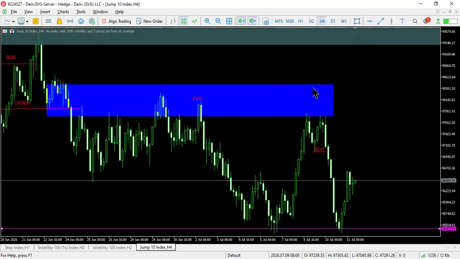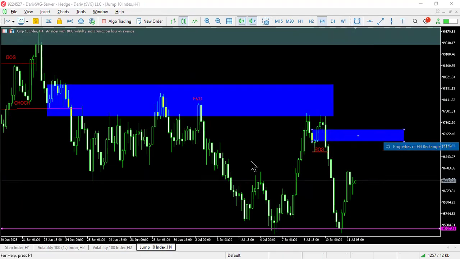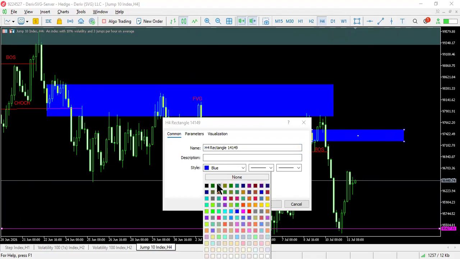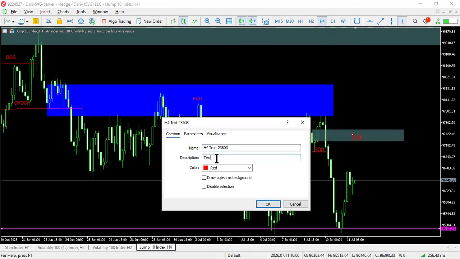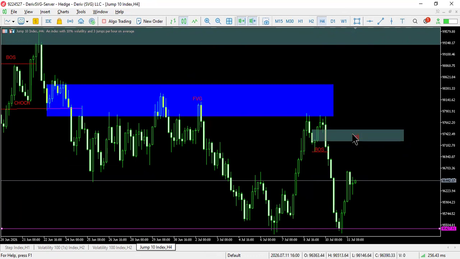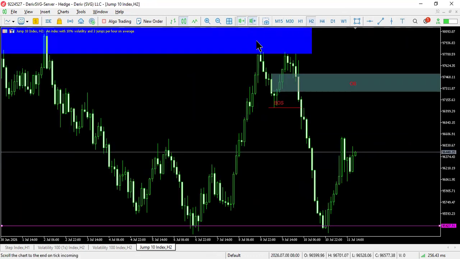Have a break of structure, and then the order block which caused that break of structure. From the 4 hours time frame, it is that order block. Moving over to the 2 hours time frame.